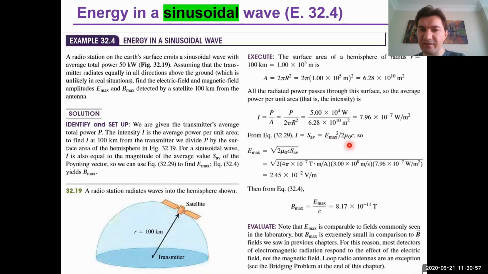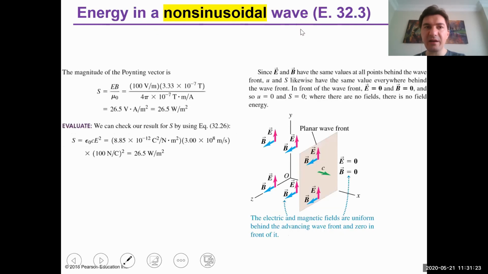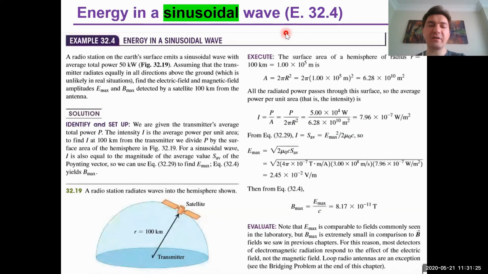Intensity is given with that expression. Here we have Emax. Then you know the intensity, put it there. You can calculate Emax in volt per meter. And if you know the Emax, you can calculate Bmax in Tesla. Do you have any question related to that one? So we have seen energy in non-sinusoidal wave, or energy in plane waves, and energy in a sinusoidal wave.